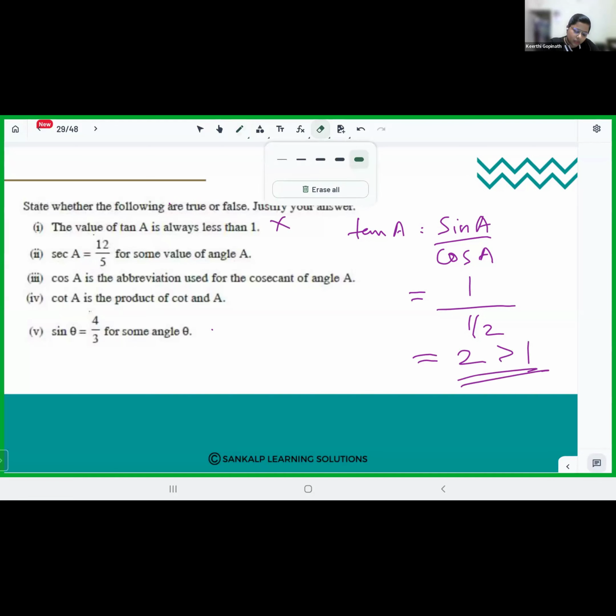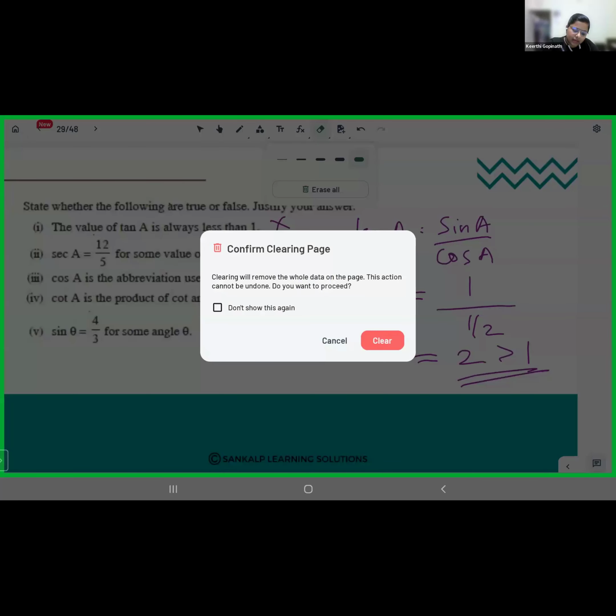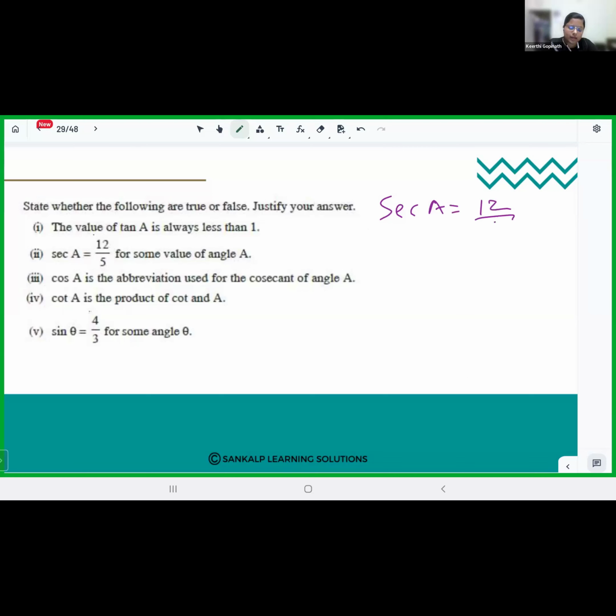Sec A is equal to 12 by 5. So what can you say about cos A? It is a reciprocal, right? So it will be 5 by 12. If sec A is 12 by 5, cos A is equal to 5 by 12. We know cos A is always less than 1, that we have already studied.